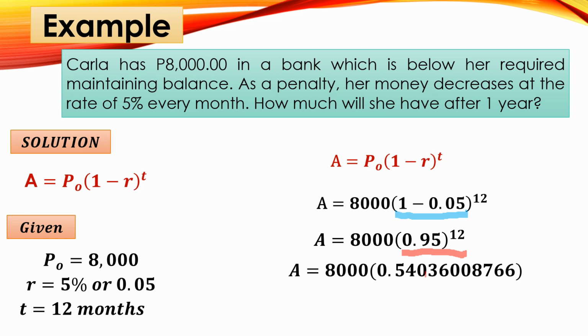That's why the answer is 0.5436008766, and then multiply by 8,000. That's why, after 1 year, ang magiging pera na lang ni Carla is 4,322.88 pesos kasi nagdi-decrease ng 5% every month.